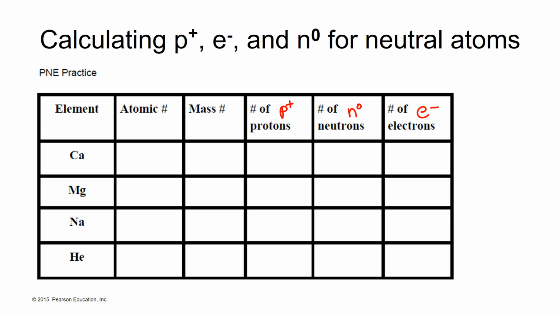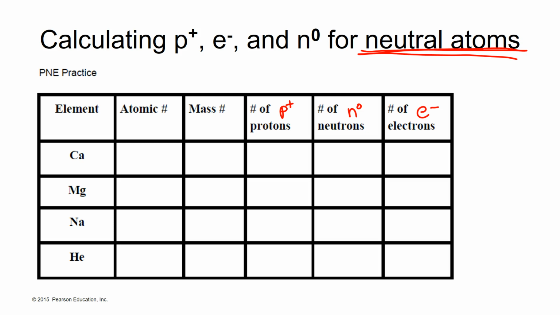One of the skills that we're going to need to have is to be able to use the periodic table to determine the number of protons, neutrons, and electrons in an atom. And this is going to represent neutral atoms. So when I say neutral, what does that mean in terms of charge? No charge, 0, right? So in terms of protons and electrons, what does that mean the number is going to be?